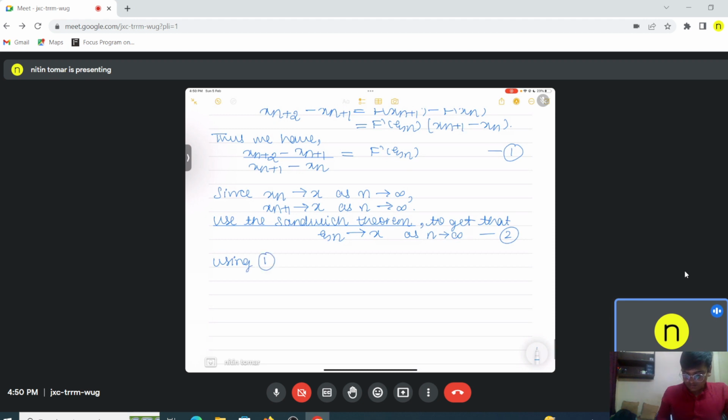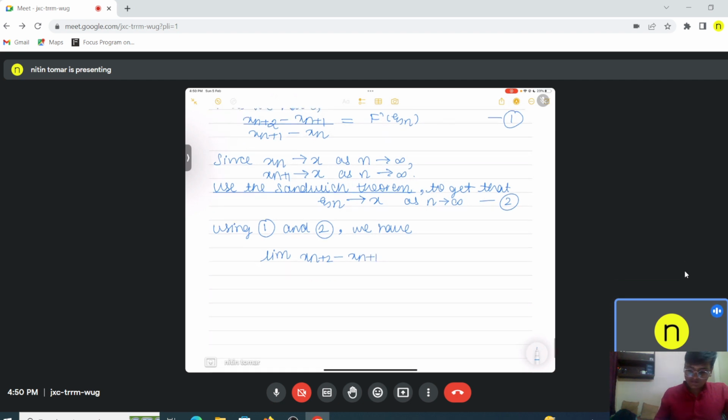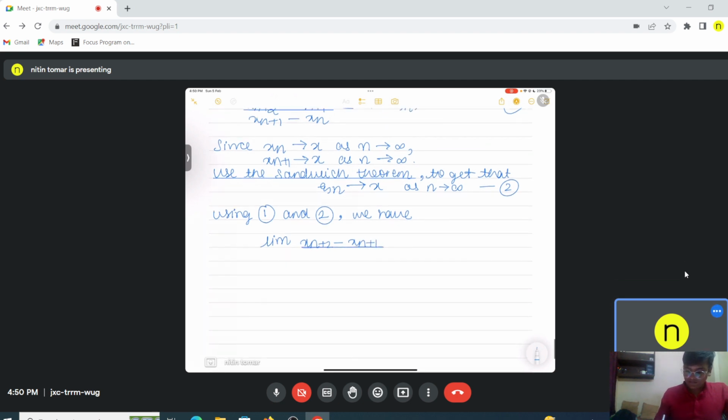Using 1 and 2, we consider the limit of x_{n+2} minus x_{n+1} upon x_{n+1} minus x_n. It will be the same as the limit of f prime of xi_n as n goes to infinity.